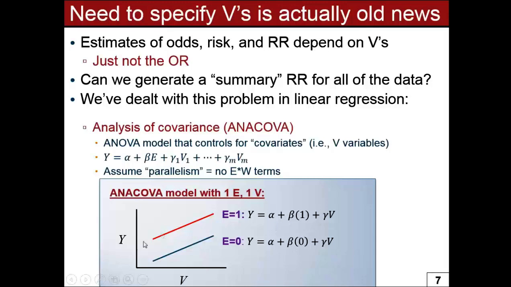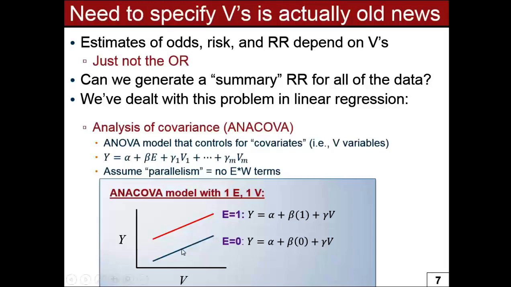This is a continuous covariate, so we can plot it as a line, Y versus age. When you're exposed, the line is higher. There's a difference up, down. In this beta, you add beta, and it goes up or down. And then when you're unexposed, it looks like this lower line.